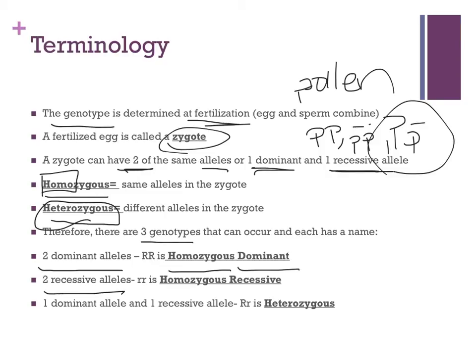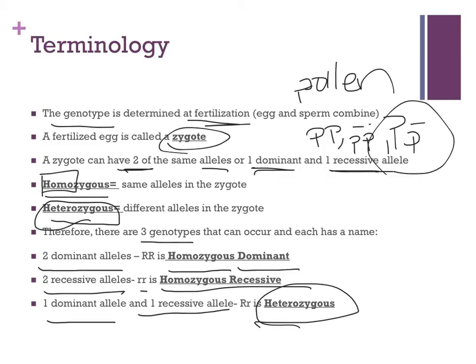If we have 2 recessive alleles, 2 little letters, we're going to call that homozygous recessive. Again, homozygous meaning the same, recessive meaning not dominant or weaker. If we have 1 dominant allele, like big P, and 1 recessive allele, little p, or big R, little r, we're going to call that heterozygous.